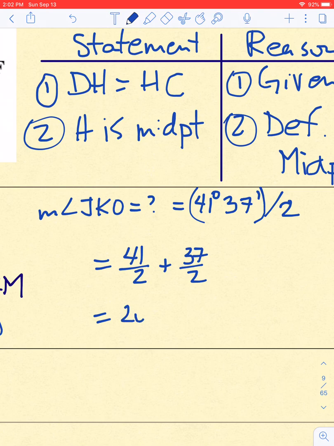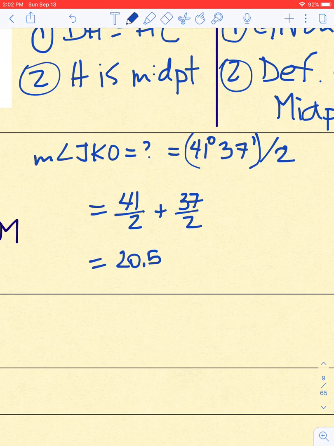Here I get 20.5, which translates to 20 degrees, 30 minutes, because it's half a degree, so it's half of 60 minutes. 37 divided by 2 is 18.5.